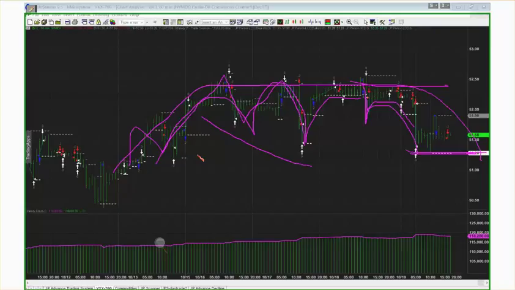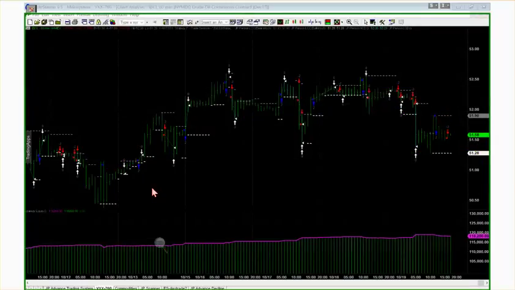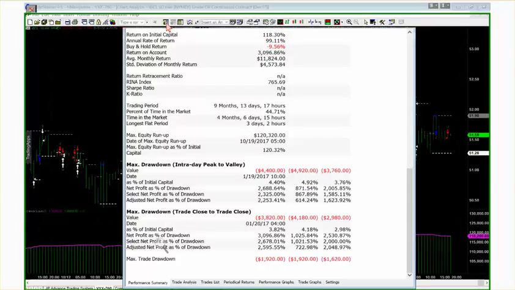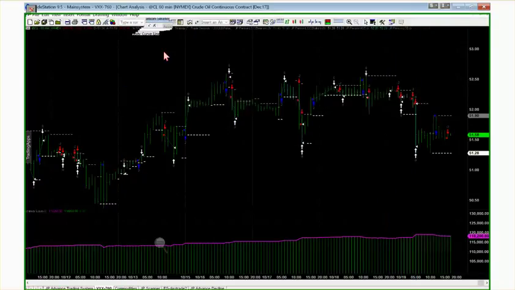But the point that I'm trying to make is this is another performance that has done fairly decently this year. Its performance graph is, I would say, outstanding, to say the least, but yet it's not 100%.